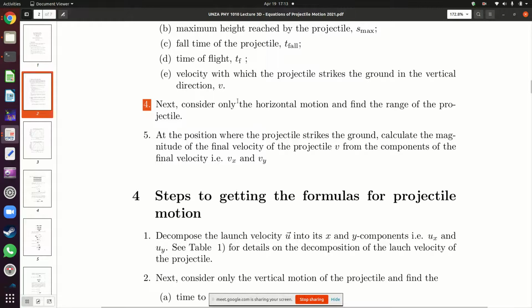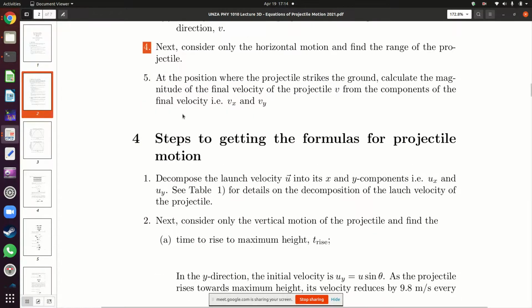Then we're going to work out item number 5, the strike velocity with which the projectile actually strikes the ground.